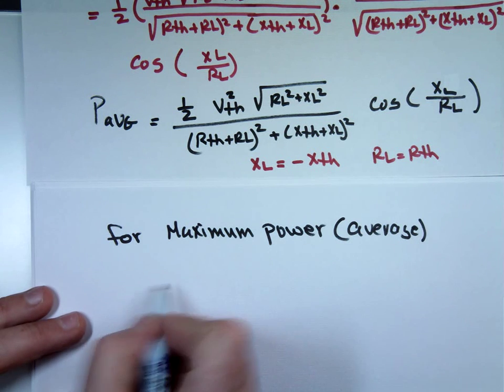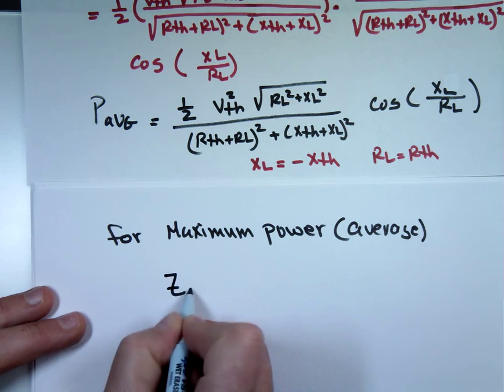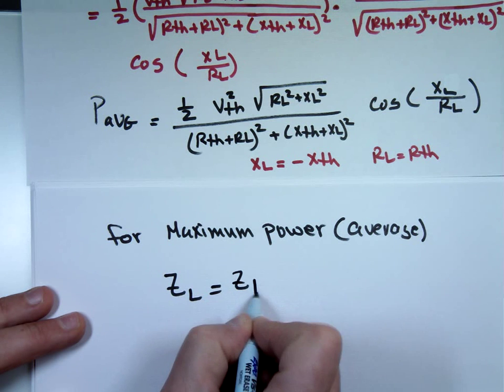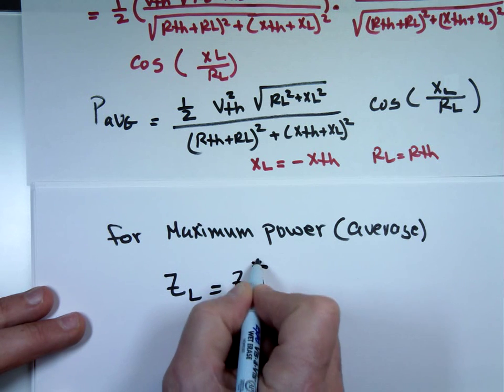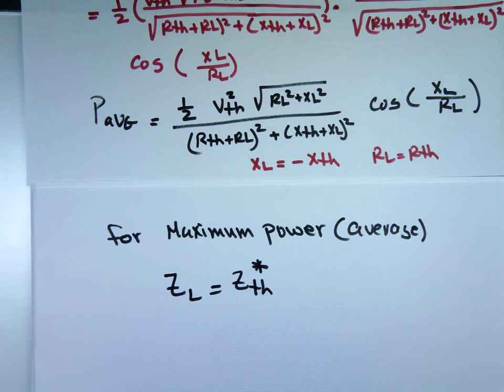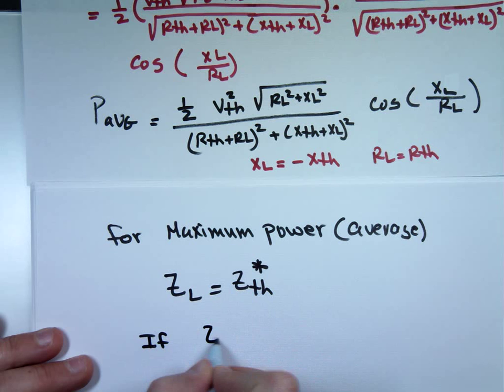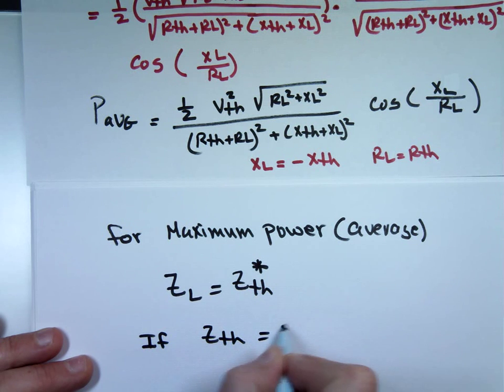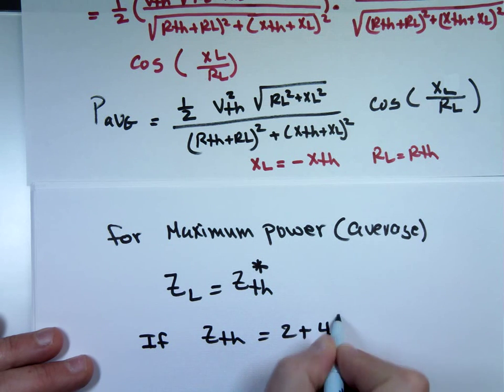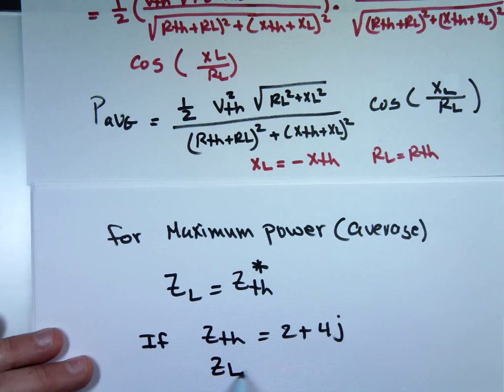You want Z load equals Z Thevenin conjugate. That asterisk means conjugate. So if Z Thevenin is equal to 2 plus 4j, you want ZL to be what? 2 minus 4j.